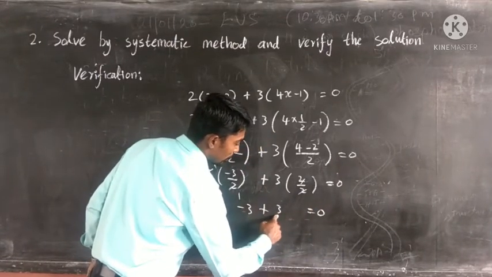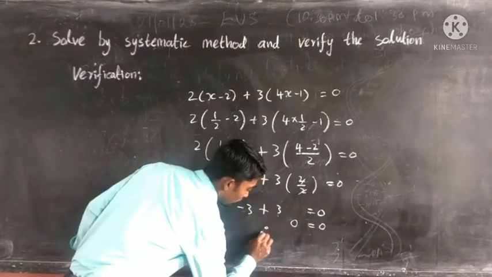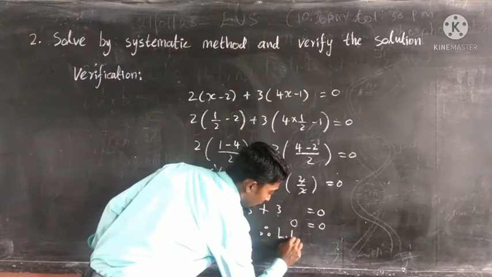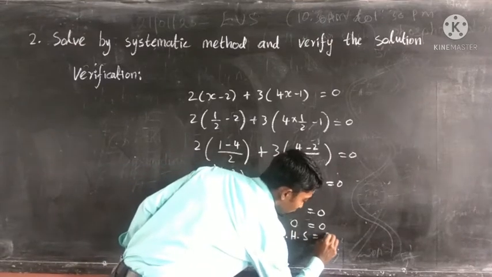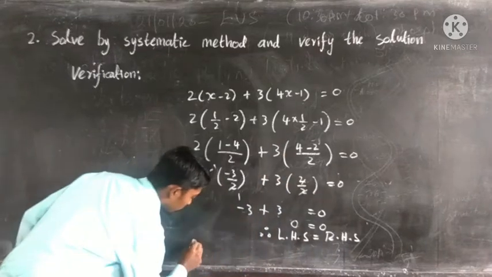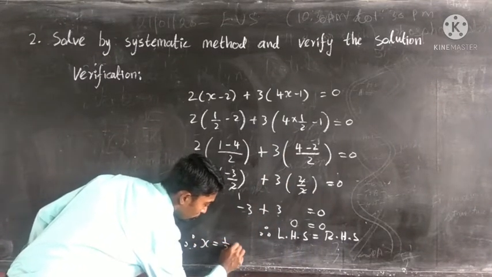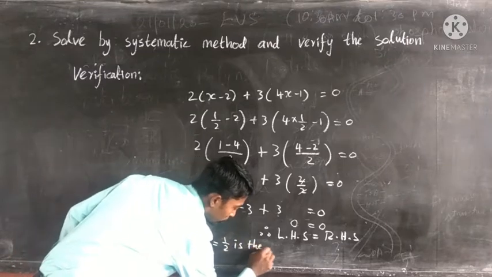Minus 3 plus 3, if we add, we get 0 is equal to 0. Therefore, left hand side is equal to right hand side. Therefore, x is equal to 1 by 2 is the correct solution of the equation.